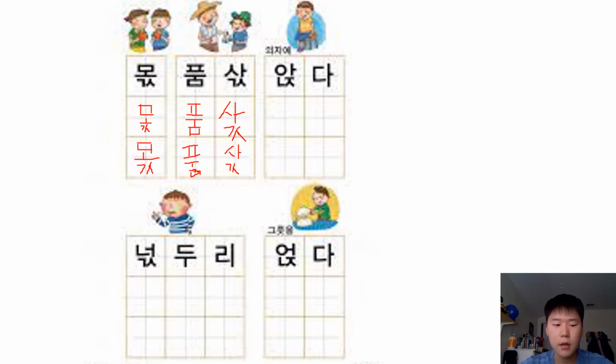And then the next word is 앉다, right? So this creates like you're saying 안, right? Without the 치읓. And then this on the side, it makes it sound like it's a 디귿.